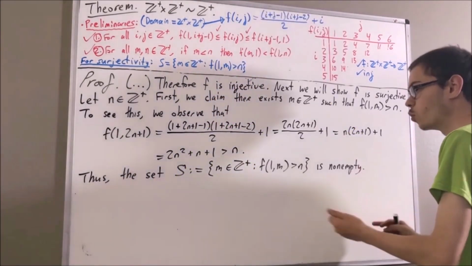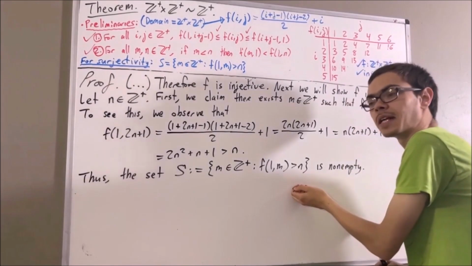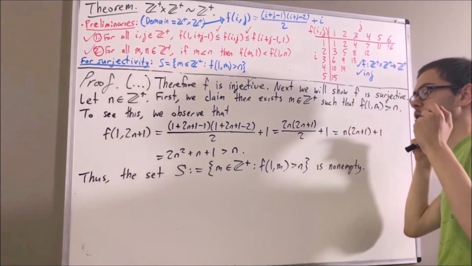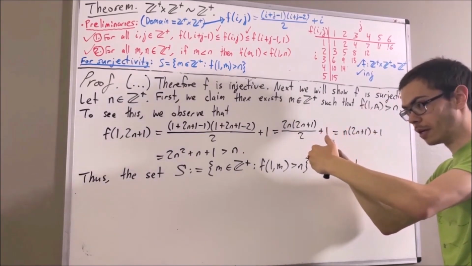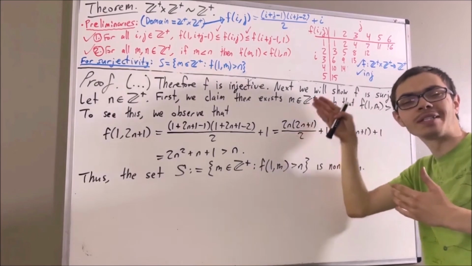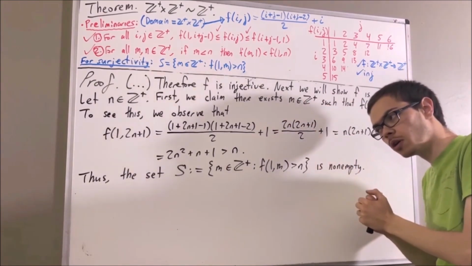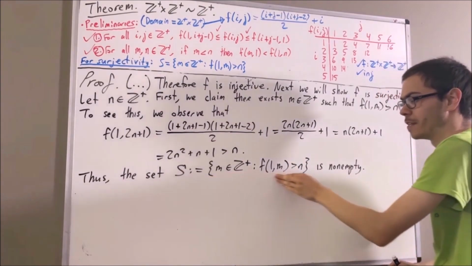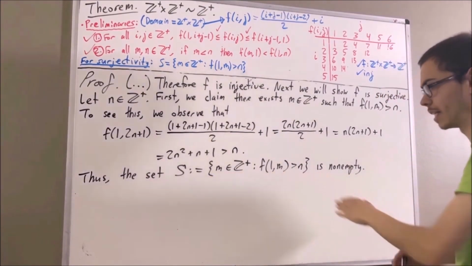So notice, we have a non-empty subset of the natural numbers. And if you recall, by the well-ordering principle, every non-empty subset of the natural numbers has a smallest element. So, by the well-ordering principle, there is some smallest element of this set. I'm going to call that element t.